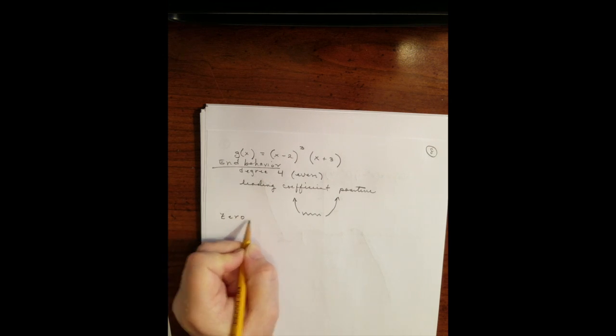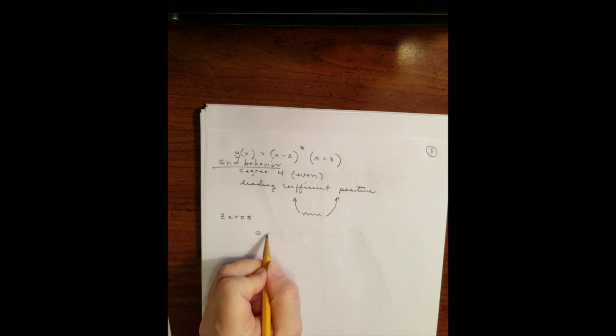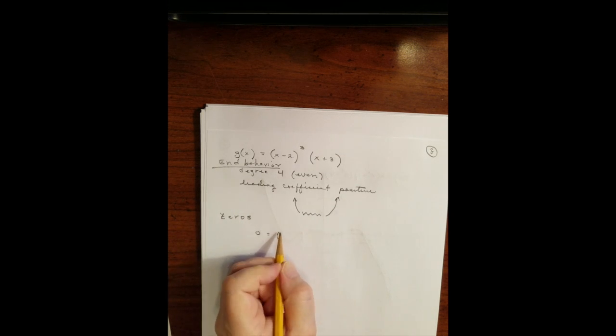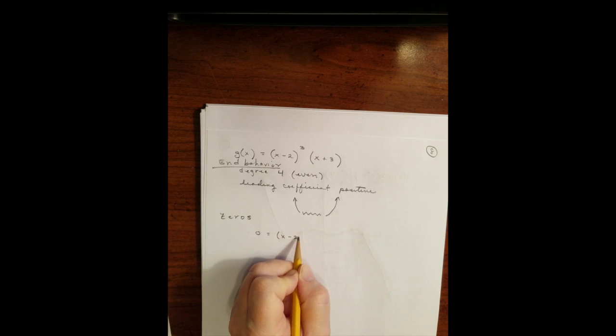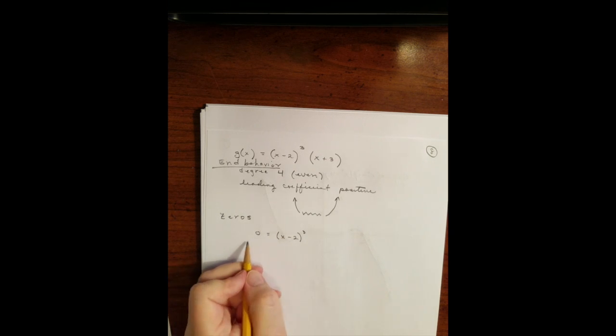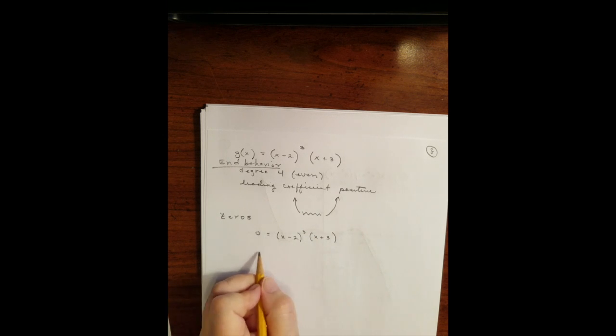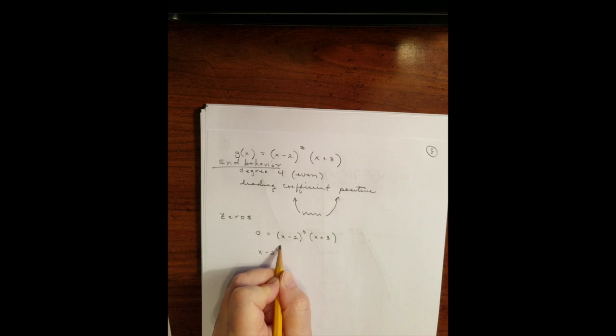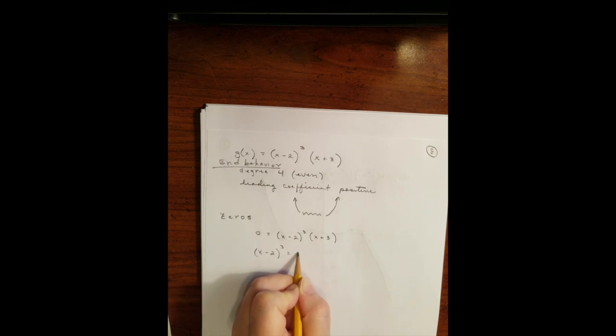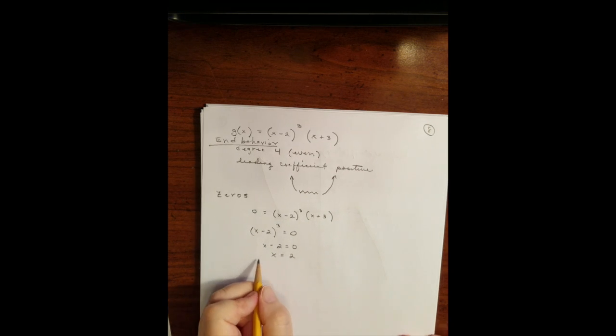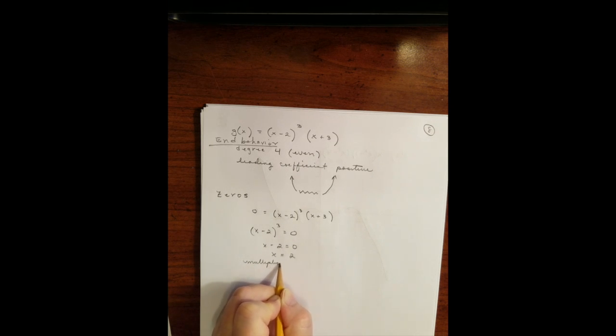Okay, then let's find our zeros. So we'll set our function, our y value, equal to 0, and then solve. And we get x minus 2 cubed equal to 0, so x minus 2 equals 0, and x equals 2, and that's multiplicity of 3.